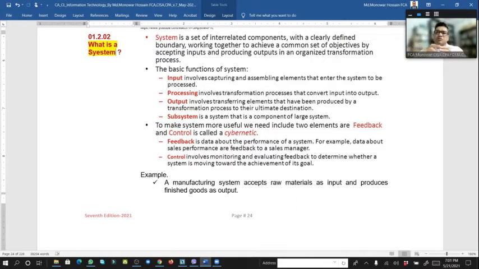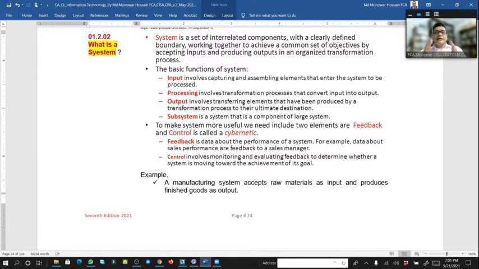This is the communication process, and that way it fulfills its work. In the same way, if a system includes feedback and control, it will be a perfect system. Feedback means that if the output is not of good quality or not up to the mark, not achieving the 100% standard, the feedback goes back to the input level, and the control is there. So we need control and feedback within the system.